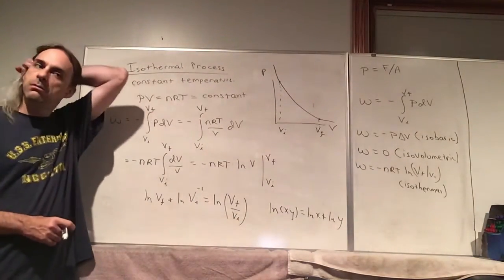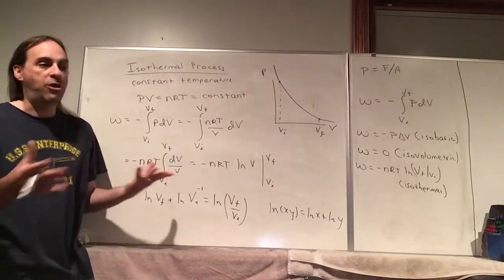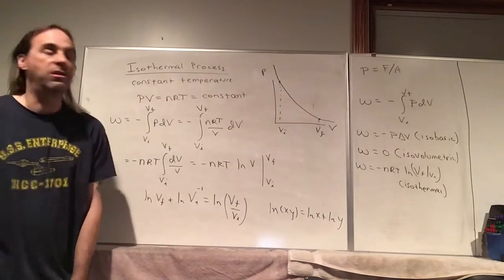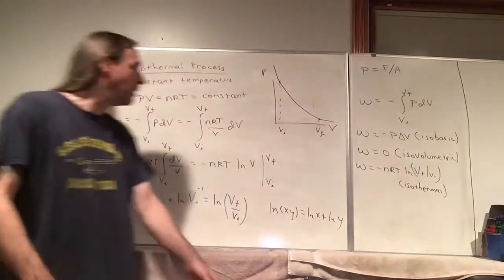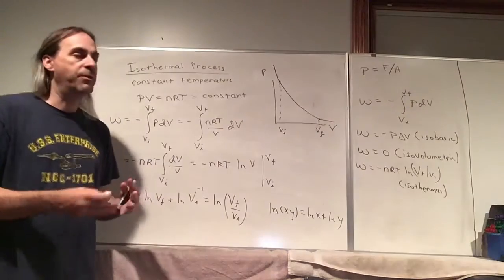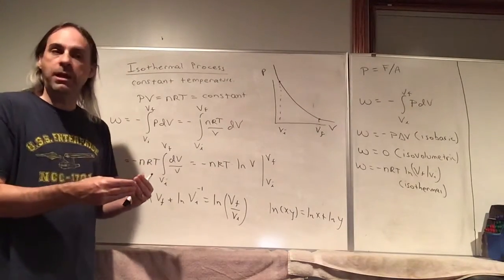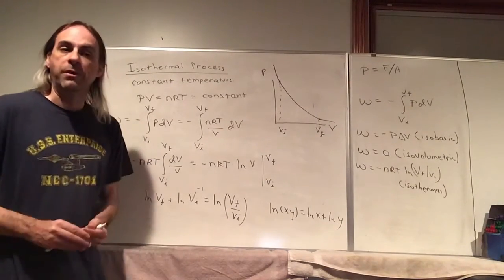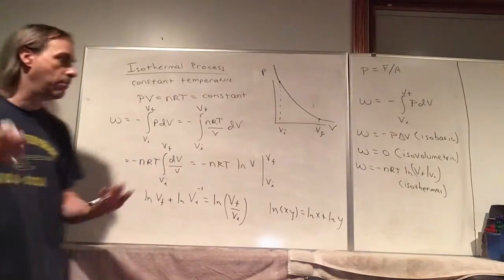Maybe pressure could be a factor, or density, or mass, or whatever. But what the 0th law says is that if A is in equilibrium with B, and B is in equilibrium with C, then A is in equilibrium with C.